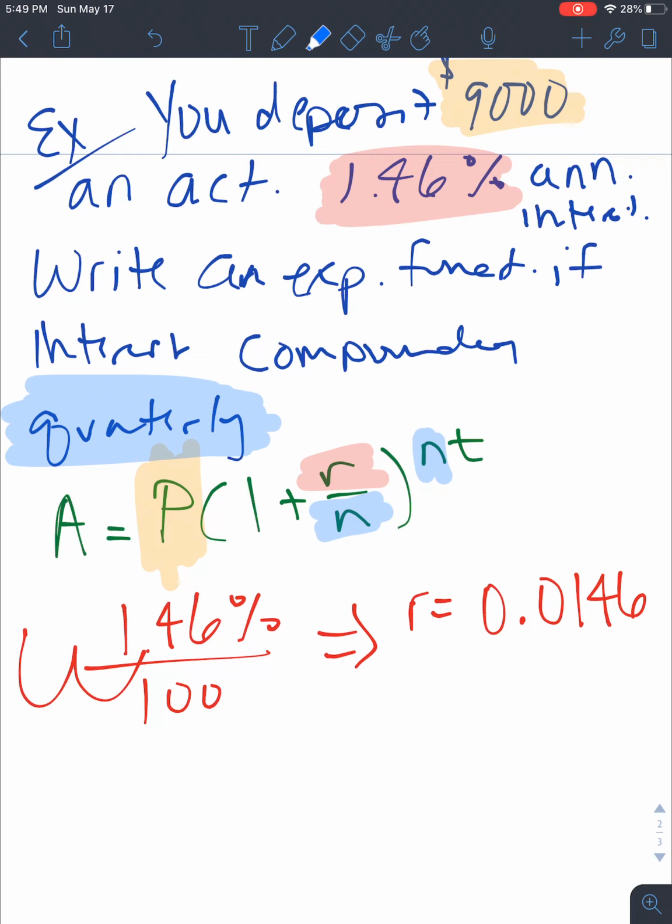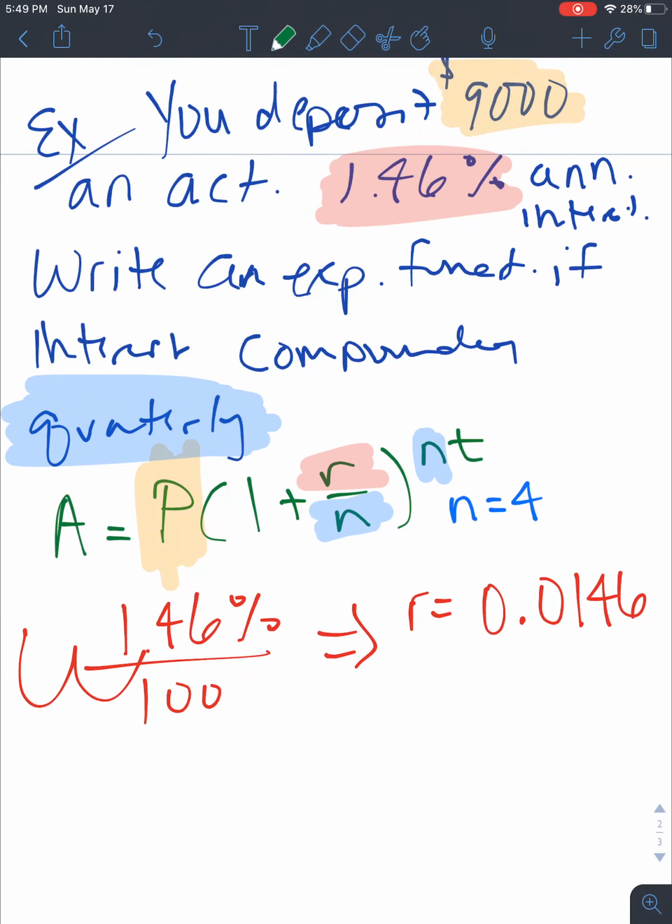I try and think about it like this if this is the part that's tripping you up: keep in mind that quarterly, you can always apply it to dollars, right? So there's 4 quarters in a dollar. So that means that our N, since it's being compounded quarterly, is 4. So we have our N is 4, our R is 0.0146, our principal is that $9,000.